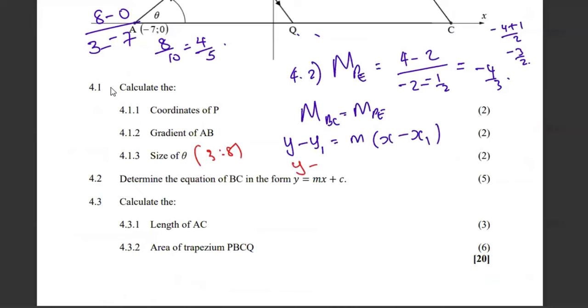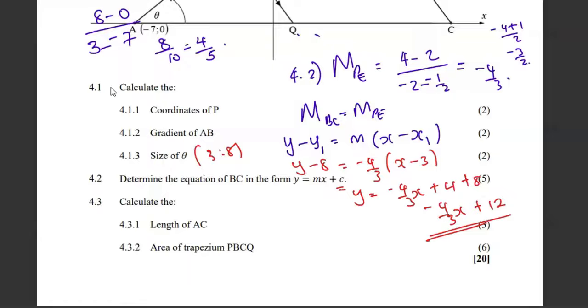So y minus 8 is equivalent to negative 4 over 3 into x minus 3. Open that up, negative 4 over 3x plus 4. And then when I move the 8, it's going to be plus 8. So it's negative 4 over 3x plus 12. Okay, so that is how we will get that equation.